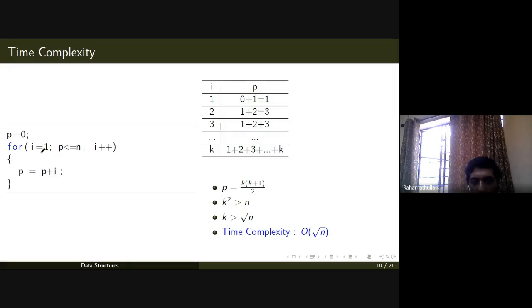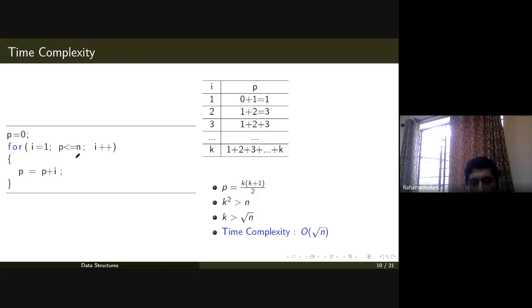When i equal to 3, 1 plus 2 plus 3, and so on. And when the value of i is equal to k, it will be 1 plus 2 plus 3 plus etc. plus k. I have taken the value of i equal to k instead of n. Why? Because we know that i will not reach till n.